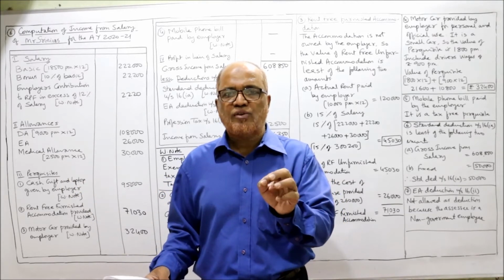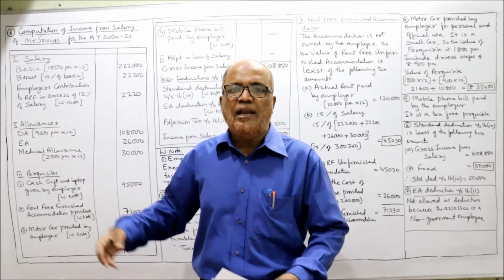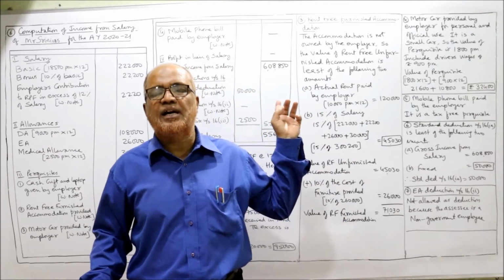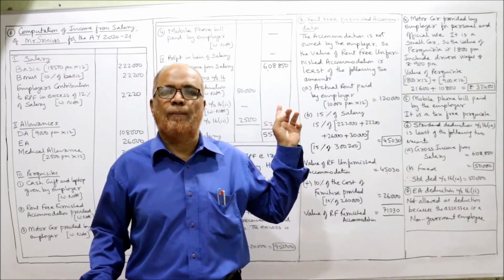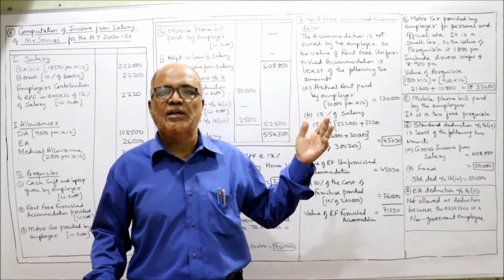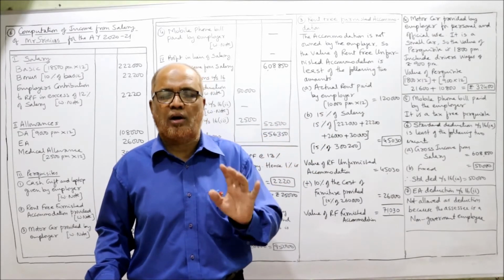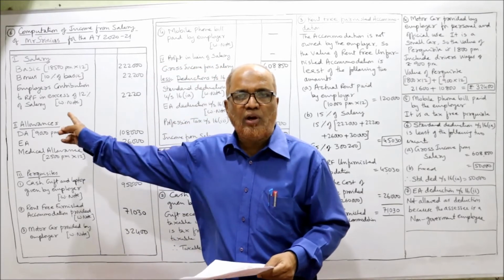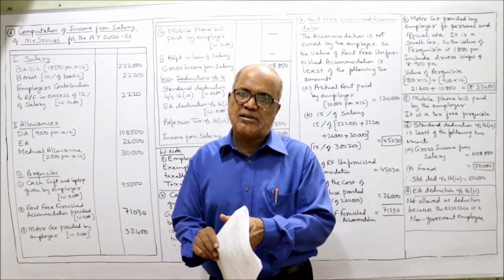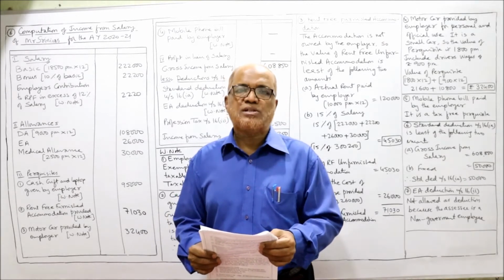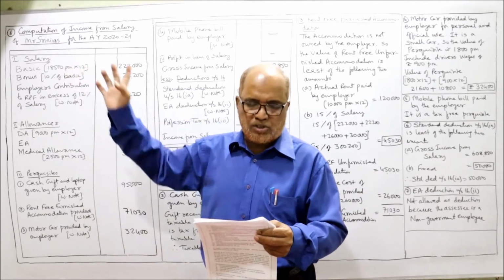Entertainment allowance, first of all we have to take fully under allowances. Later on we have to see whether he can get the deduction or not under section 16(2). So afterwards we have to see whether he is eligible for deduction under section 16(2) or not. First of all, EA should be fully taken under allowances. Medical allowance fully taxable. Bonus 10% of basic. The bonus will be taken under salary, 10% of basic.